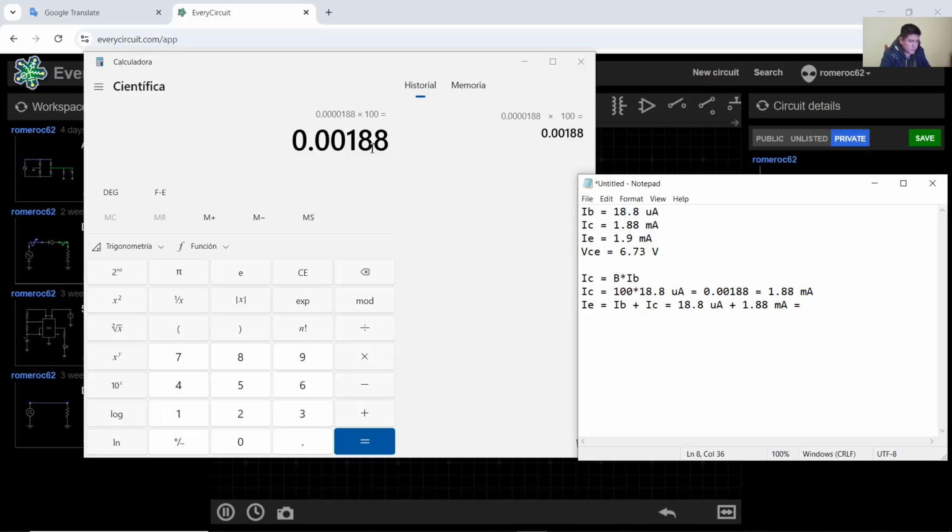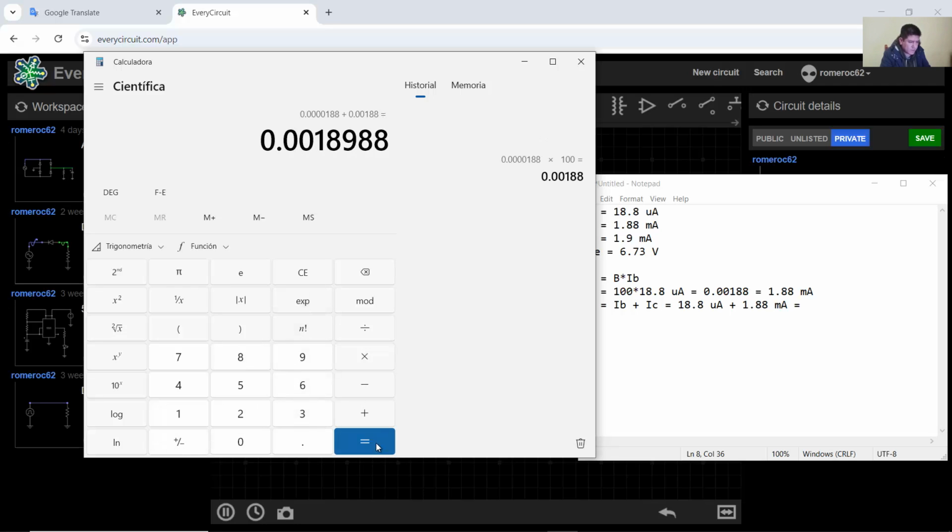Okay, and this is equal to, okay, current in the base 18.8 minus 6 plus 1.88 minus 3 equal is this.